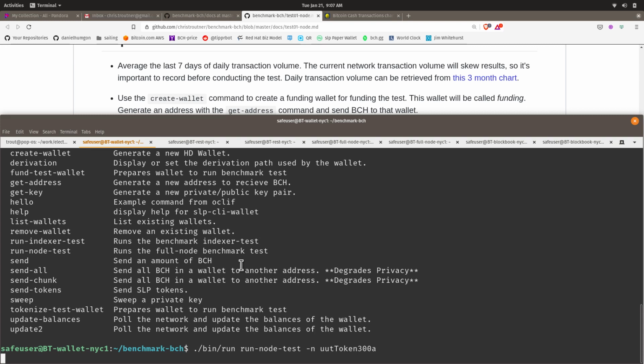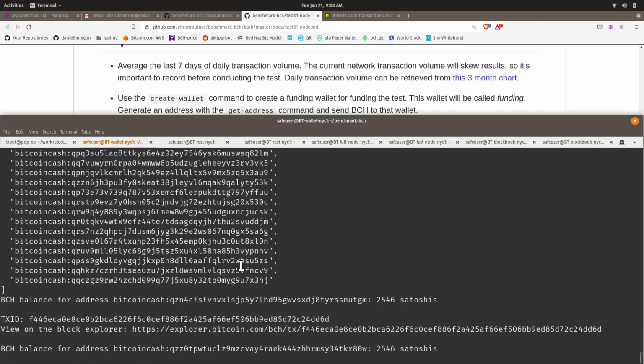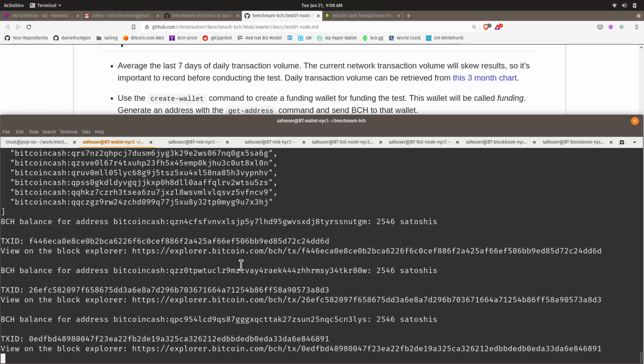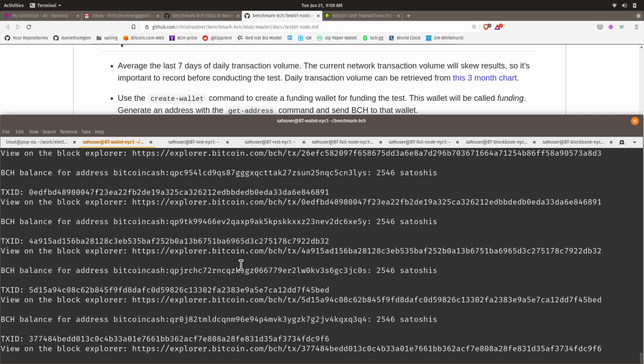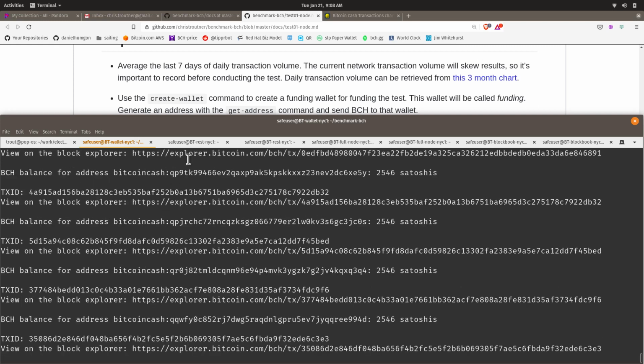So 9:07, pretty much. I think we started that right at the top of the minute. Okay, so there are the addresses we're going to spend, and there it goes. It's off and running, spending the UTXOs.